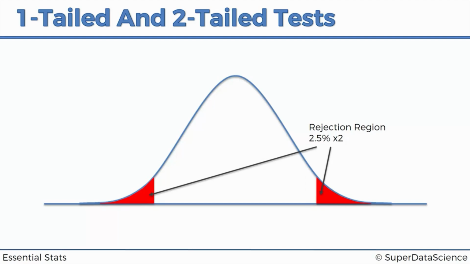What you do in a two-tailed test is you take your statistical significance of 5% and you have to split it between the two tails. So you only get 2.5% here and you only get 2.5% here. Now when you pick your sample from your population and find out where the mean of the sample falls, it might fall here or here.